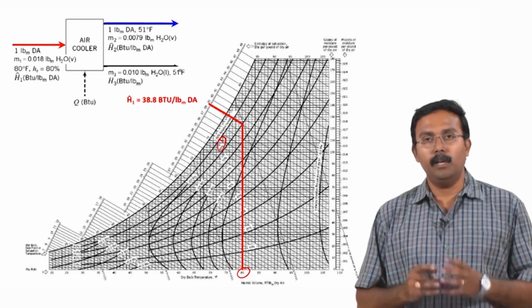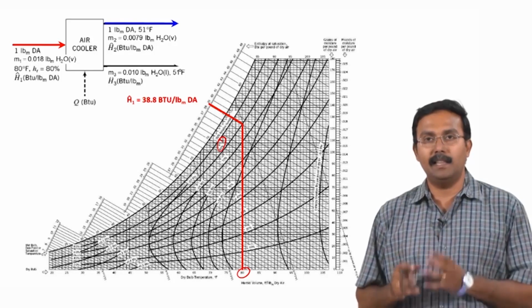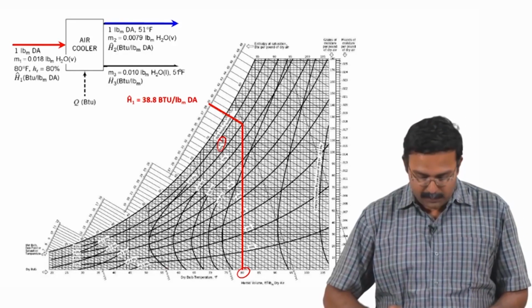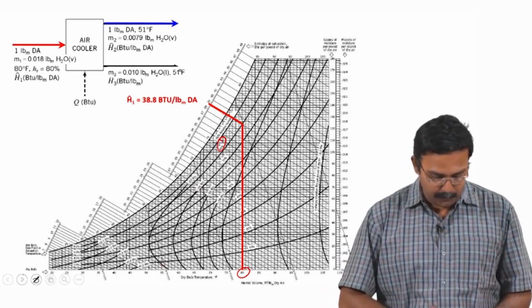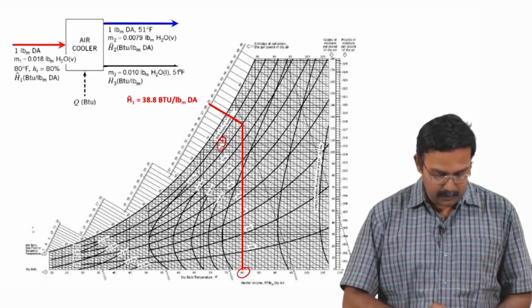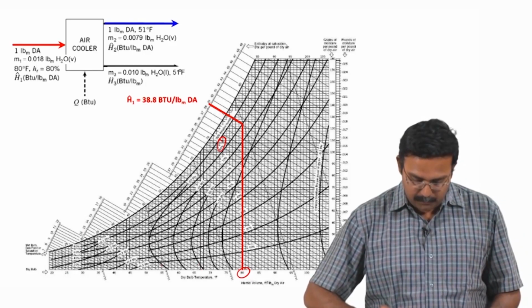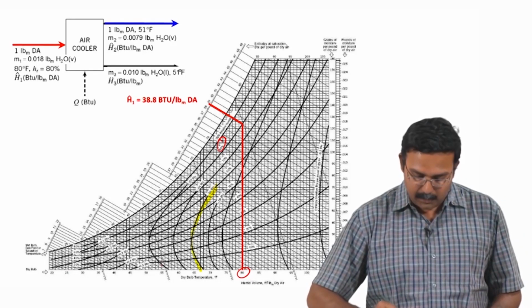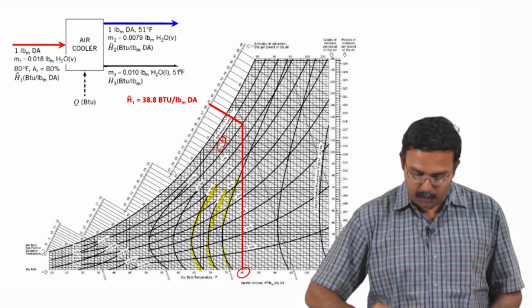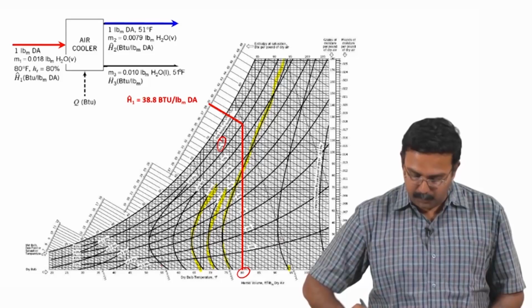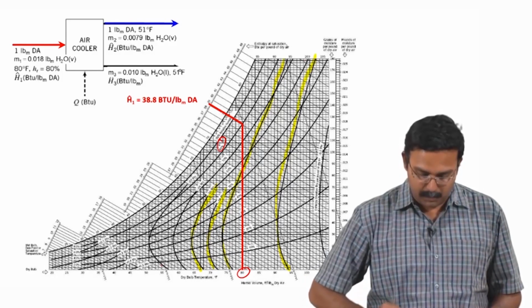If you remember, we have been using another quantity called enthalpy deviation based on these curves that we are observing here. However, if you observe this, these curves start here and end at about here. They are not going beyond this point. However, after this point it goes all the way up to the end.